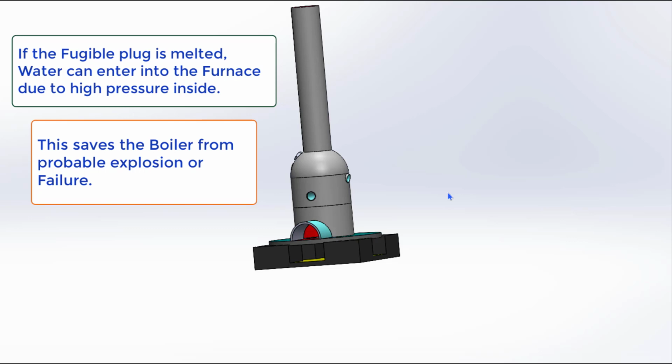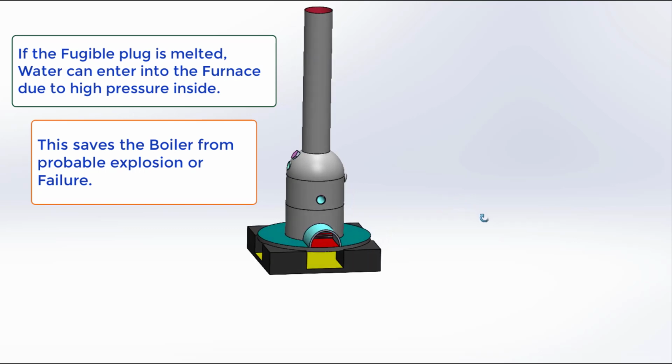And if the boiler blasts due to the melting of the material, that is a catastrophic failure of the boiler, because that can injure or even cause death of the workers near the boiler.